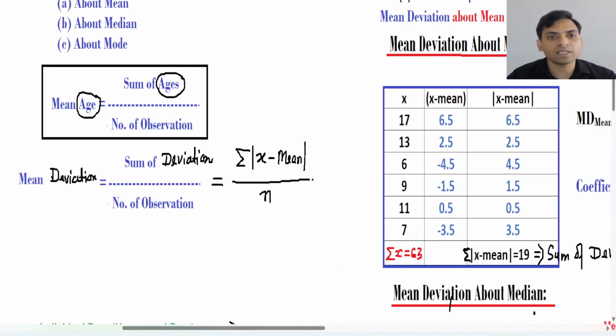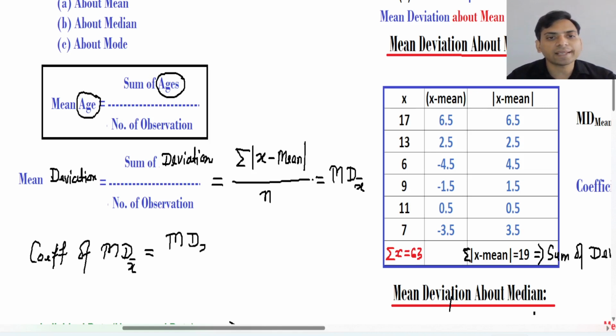This is the mean deviation about mean, because we are finding it with respect to mean, and it is denoted by MD of x bar. To find its coefficient, the formula is: coefficient of mean deviation about x bar equals mean deviation about x bar divided by x bar. Now you can find its coefficient.